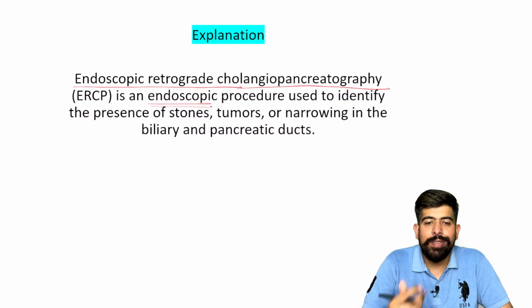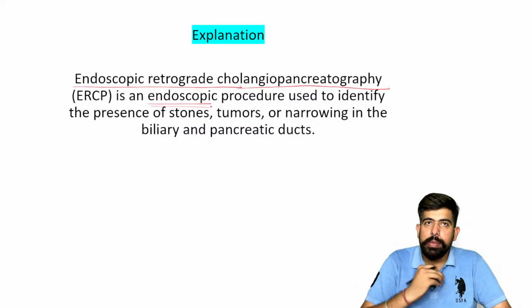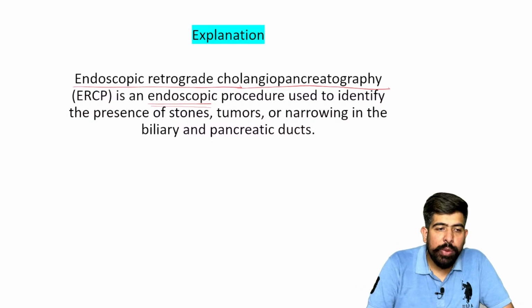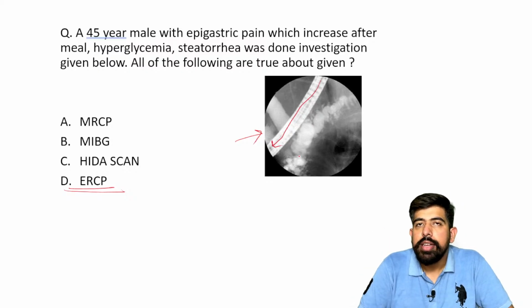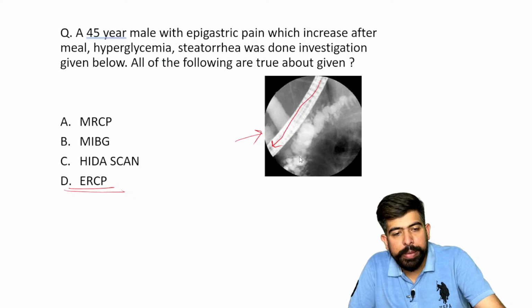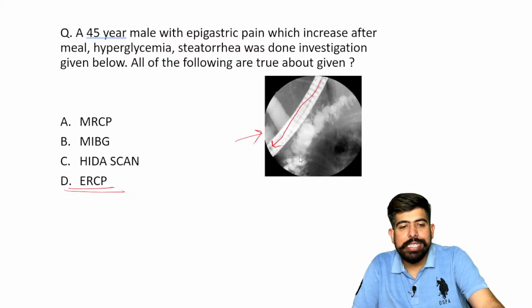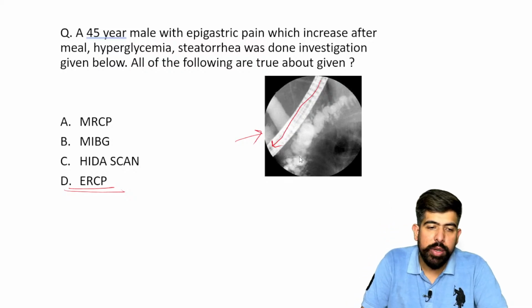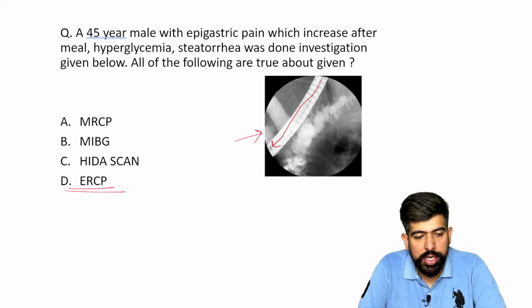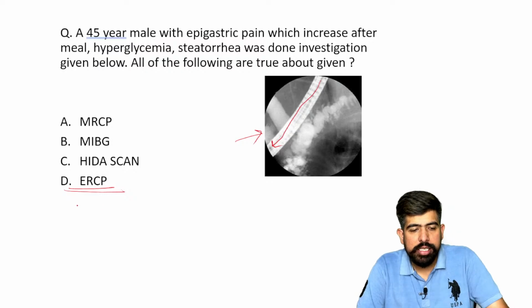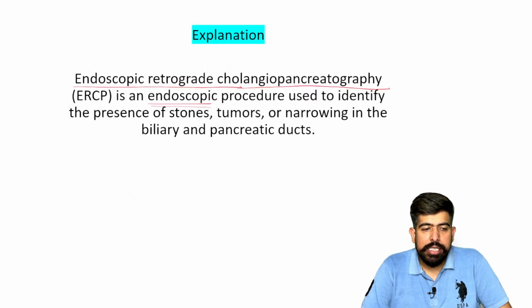It means we have to send the endoscope inside, and you can see in this image, as I marked, this is the endoscopic pipe which is passing through it, right? So by seeing this only, we have to identify that it is your ERCP.